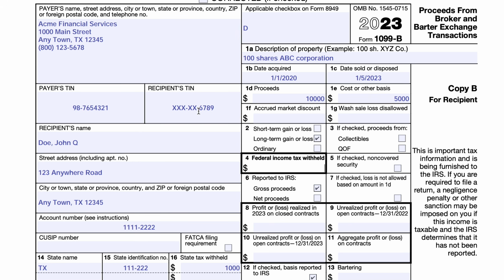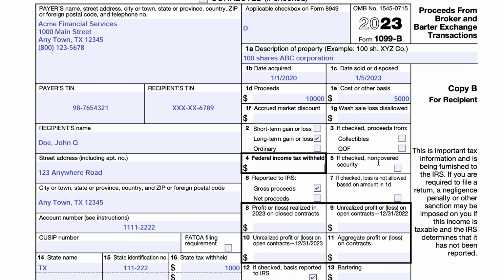And under backup withholding rules, they are required to withhold, I believe it's 24% of your proceeds, not necessarily your cost, your proceeds. So in this case, John Doe would possibly be paying $2,400 of tax, even if you look at this and see that it's clearly only $5,000 of profit. So if you don't file the form, then they are required to withhold federal income tax.